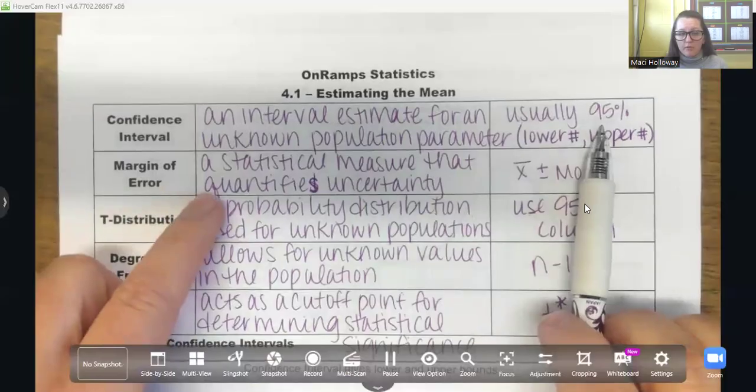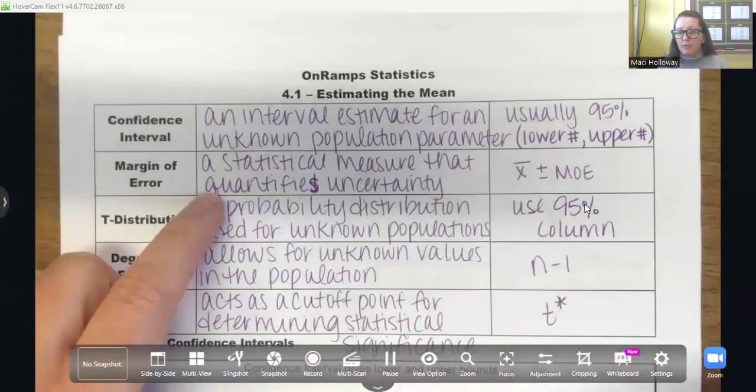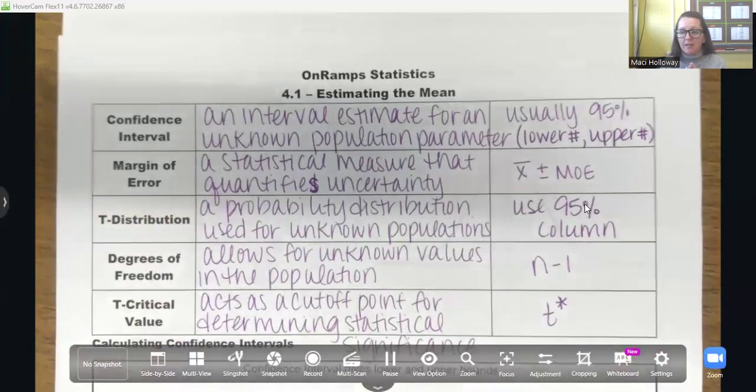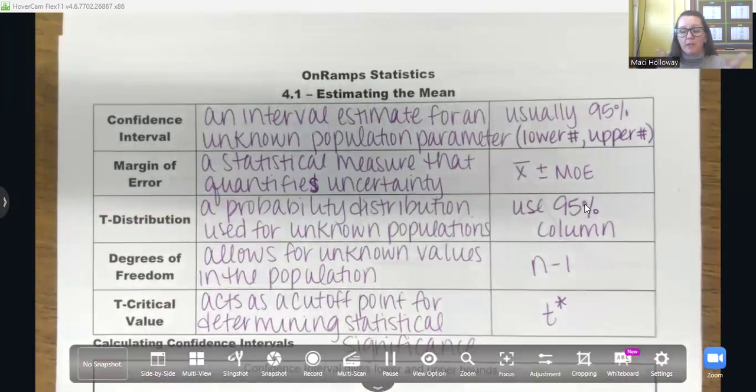Here we have margin of error. When you have a sample mean, you know that because of natural variation and sampling error, there's going to be some variation because of our sampling. So when we get our sample mean, we know that there's going to need to be a buffer around that sample mean when we're trying to estimate what the true population value is.